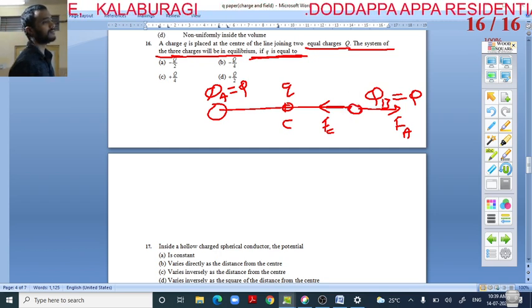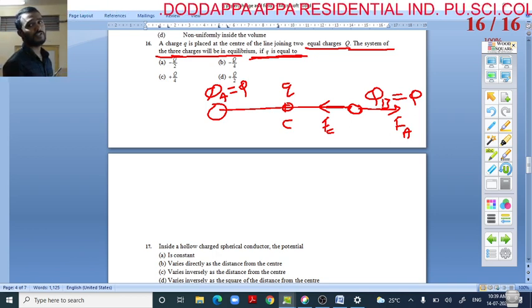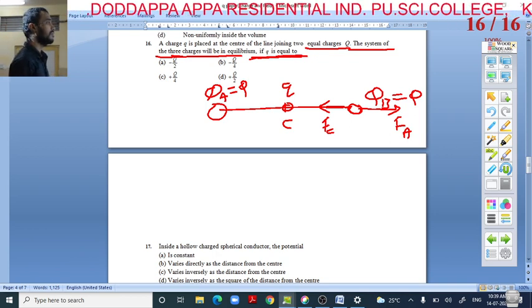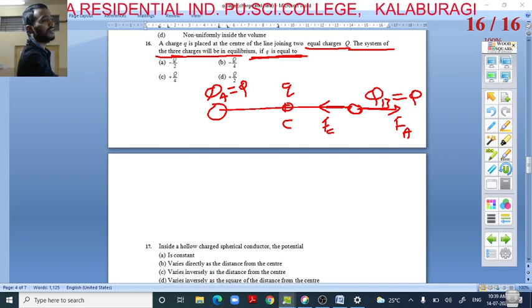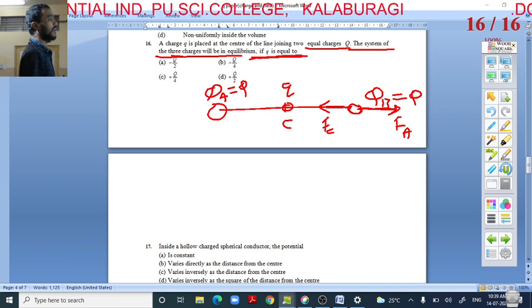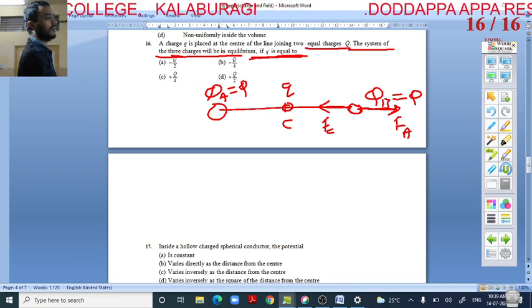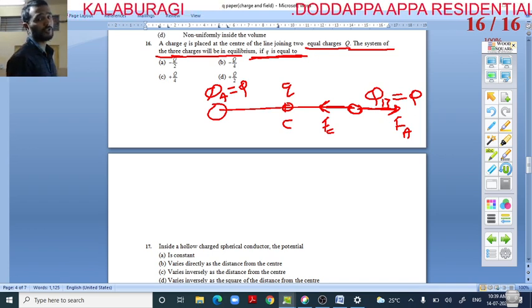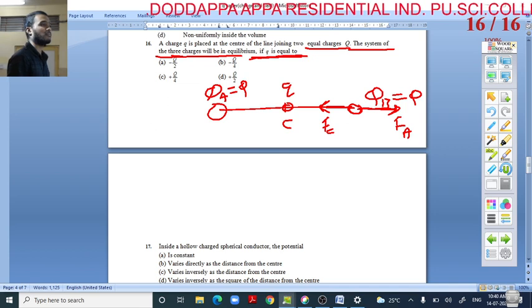If you know the nature of the charges, repulsion or attraction, then we can identify the direction here. That is, here it is FA, force due to A, and force due to C. In this direction is repulsion, both repulsion only here because all are positive charges, right?